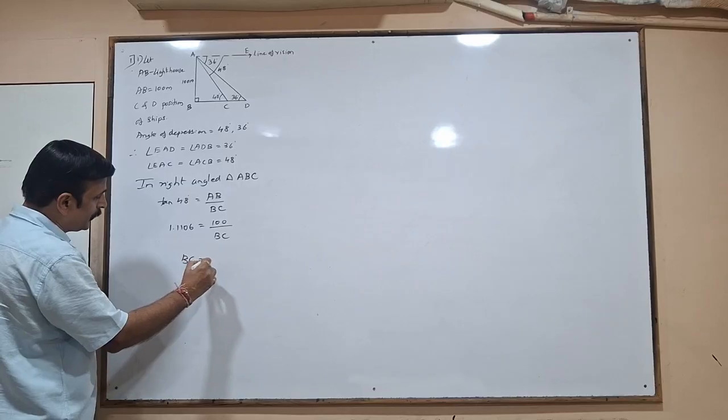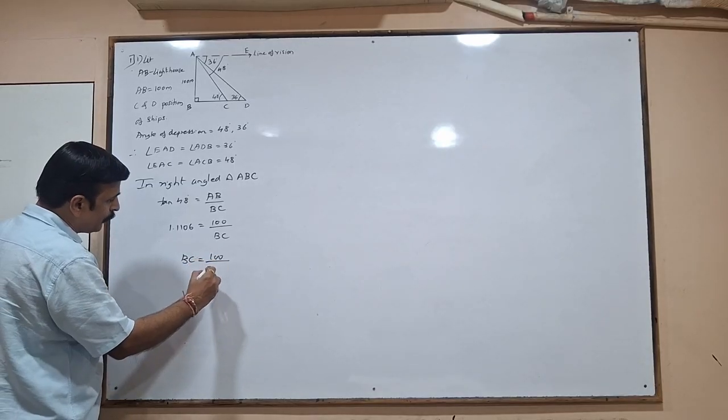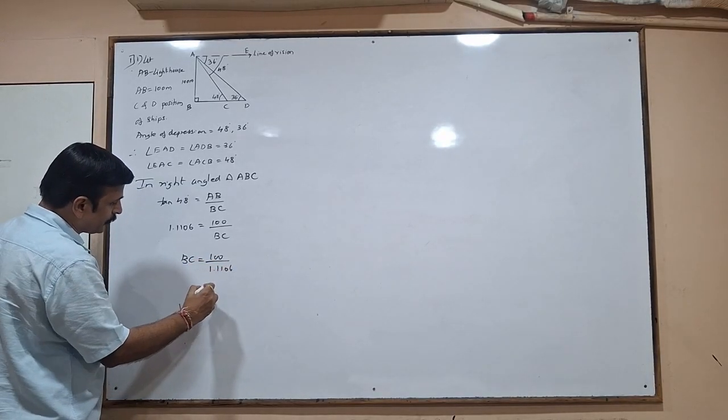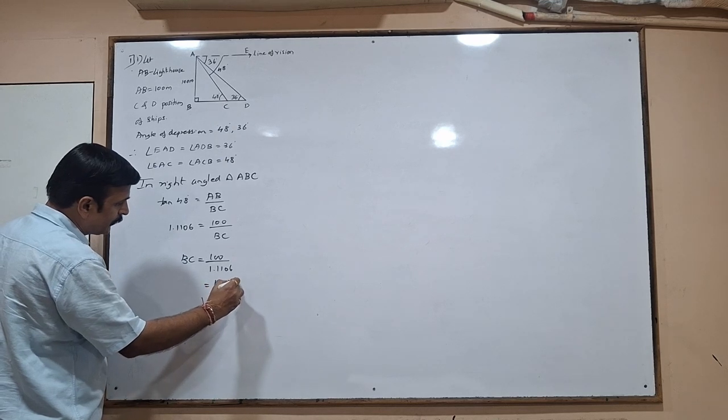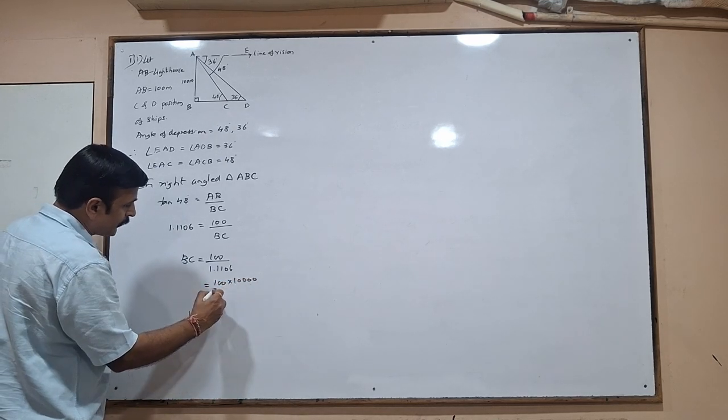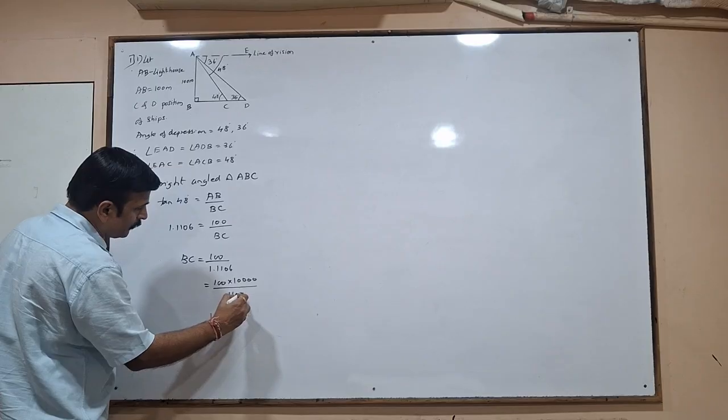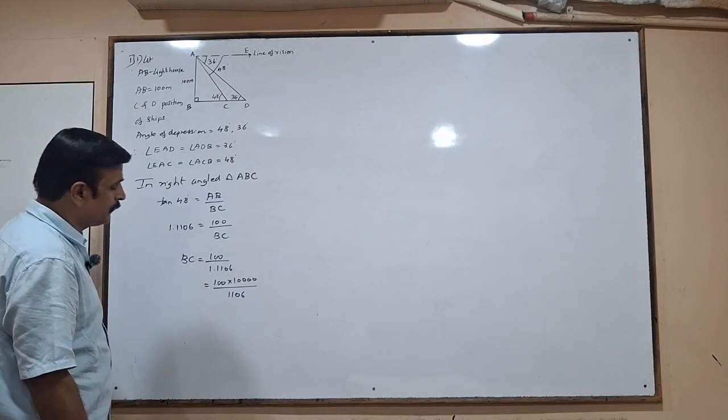So BC will be 100 upon 1.1106, which is 1,000,000 upon 11106... that is, 10,000 upon 1106.